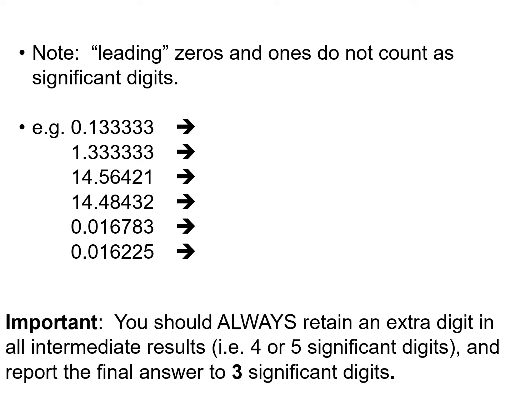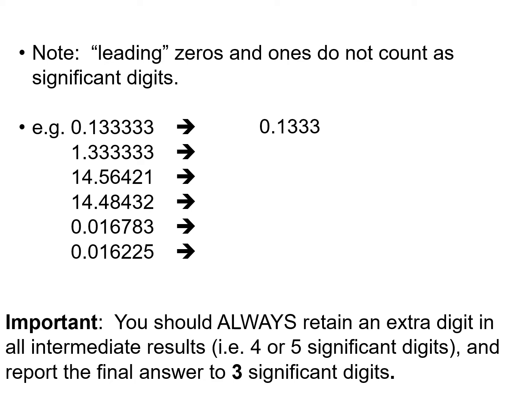Now, I already said this, but we'll go over it one more time. Leading zeros and 1s do not count as significant digits. So we have 0.133 repeating. That's going to have 4 numbers after the decimal point, because it's leading with a 1.